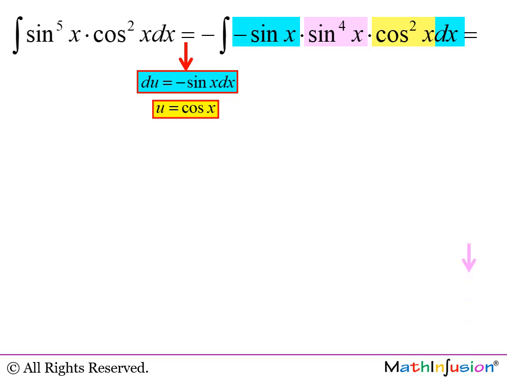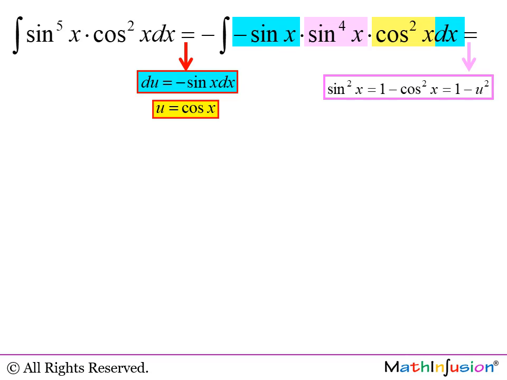So now what I have to do is write everything that's written here as a function of u. So let's start. The u is cosine x, so I don't have any problem with the yellow part, cosine x to the power of 2. I also have no problem with the negative sine x dx because this is just a du. But I have a problem with sine x to the power of 4.